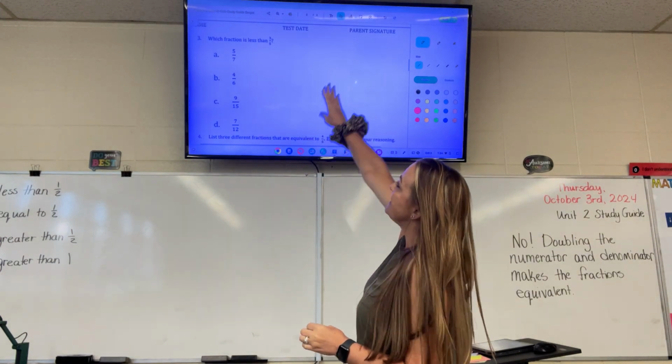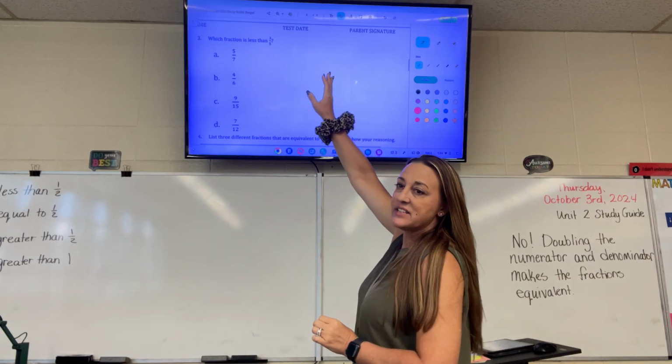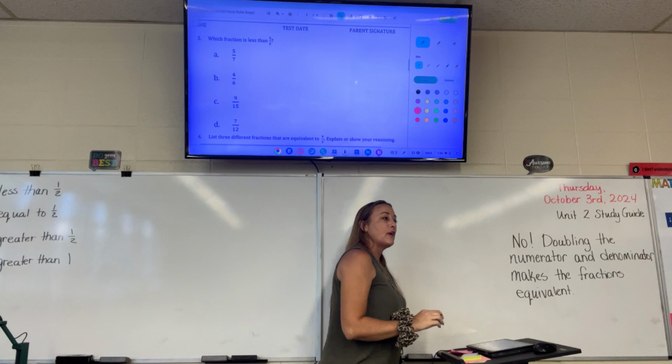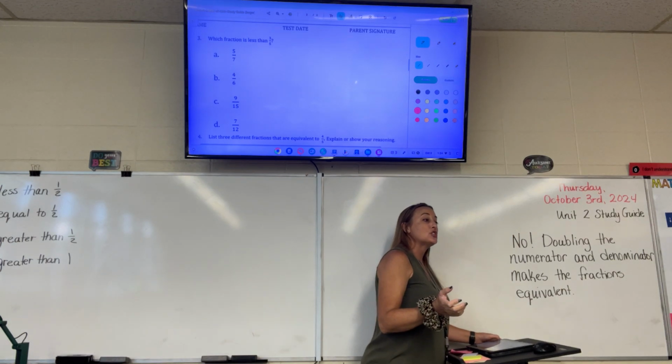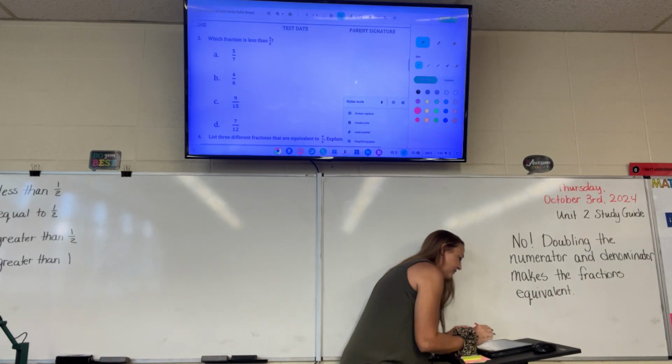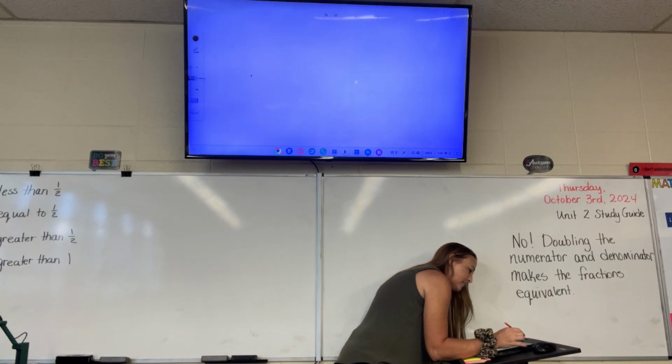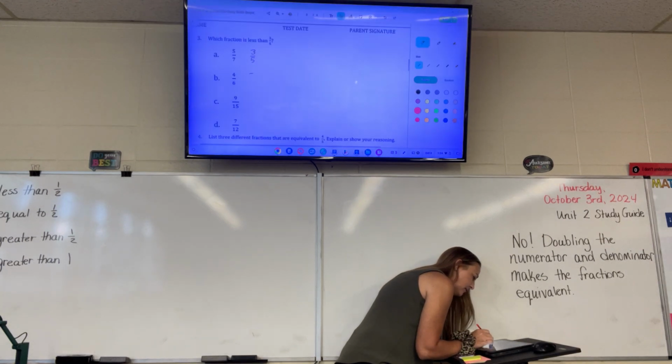So all the way down next to 5/7, we're going to write 3/5 because we're looking for a fraction that's less than or smaller than 3/5. So we're going to write 3/5 right here, 3/5 right here, and 3/5 right here.